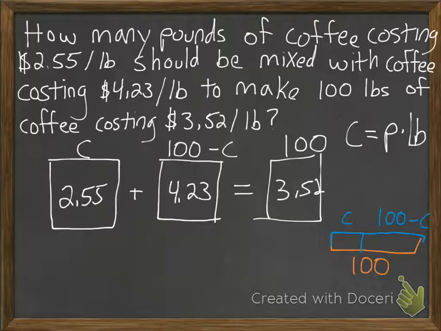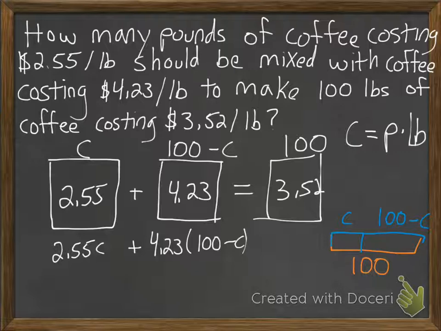Take my number of pounds, C, times my price, $2.55, to get my cost. And likewise, the same thing: $4.23 times 100 minus C equals $3.52 times 100.